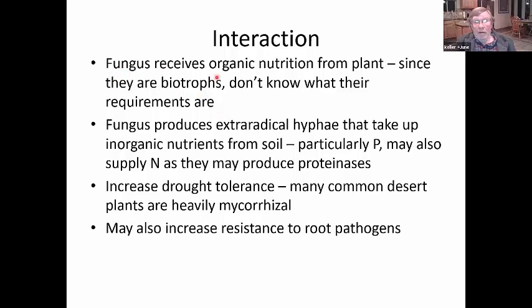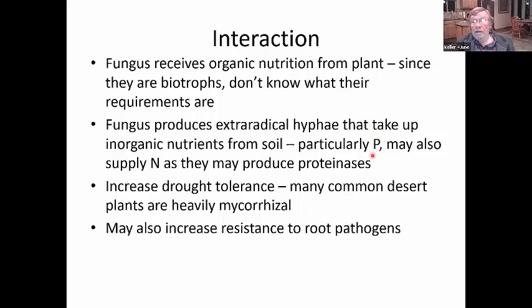So what about the interaction? Well, the fungus we know probably receives its organic nutrition from the plant since they're biotrophs. We don't know what their requirements are, but they must have some pretty big requirements if we can't grow them in culture. So they must require a lot of different types of organic materials from the plant. The fungus also produces extraradical hyphae that go out into the soil, and these take up inorganic nutrients from the soil, particularly phosphorus.